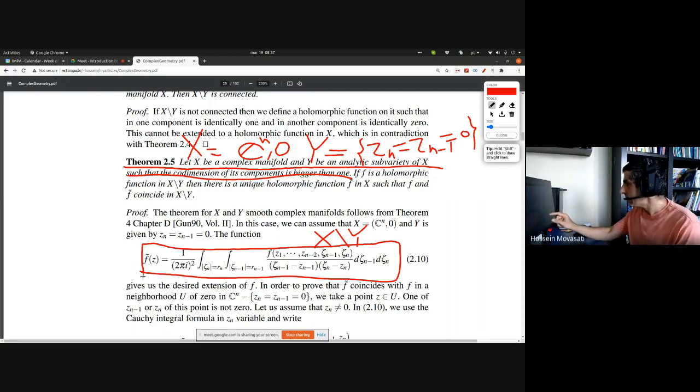So you see that at the end of the day, what is this? In the coordinates Zn minus 1 and Zn, we are just using the function over the boundary of the disk.